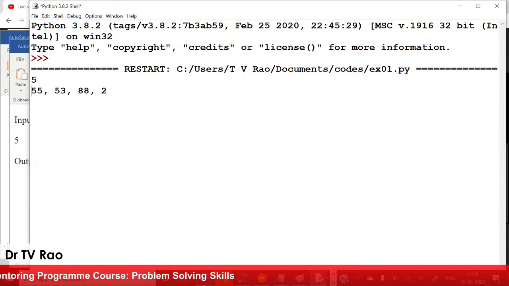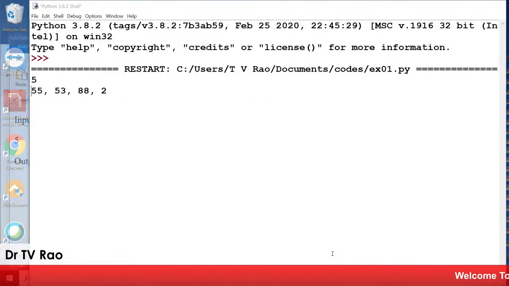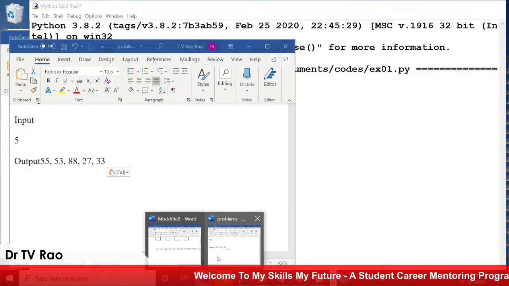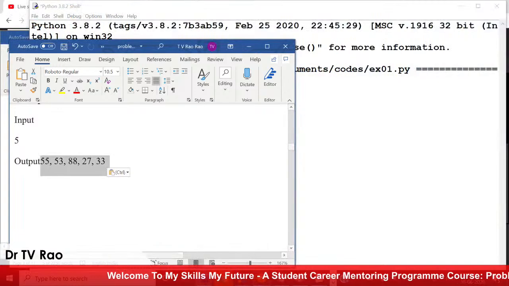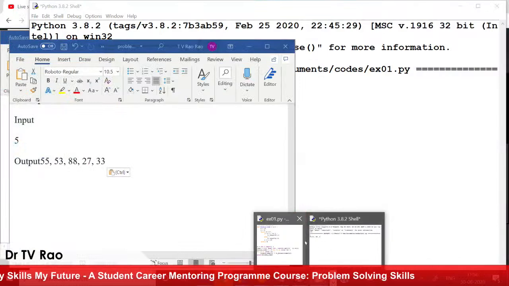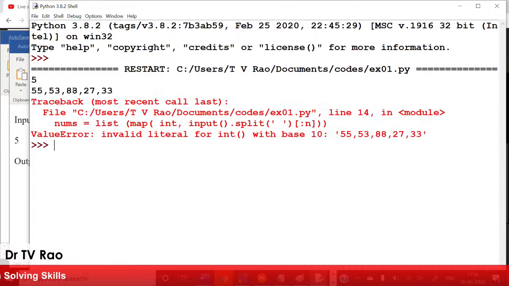Fifty-five, 53, 88, 27, 33. So no comma, only blank space.